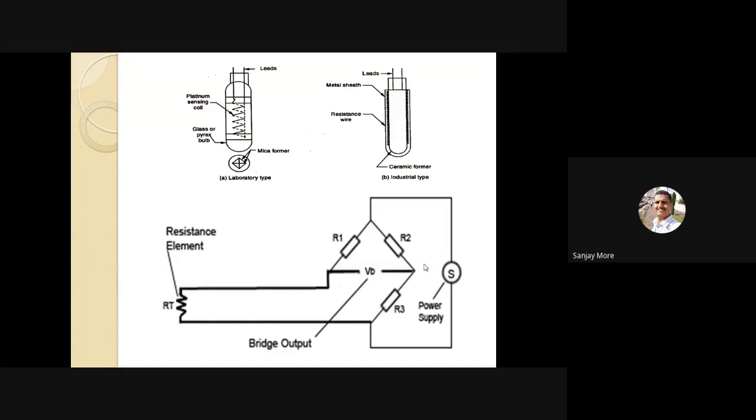Laboratory type and industrial type are two different resistance elements used to measure the temperature, because the laboratory type resistance element senses a temperature range below 100 degrees Celsius, and the industrial type resistance element senses a temperature range of 100 to 1000 degrees Celsius.